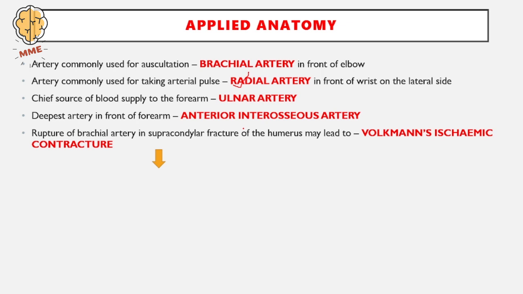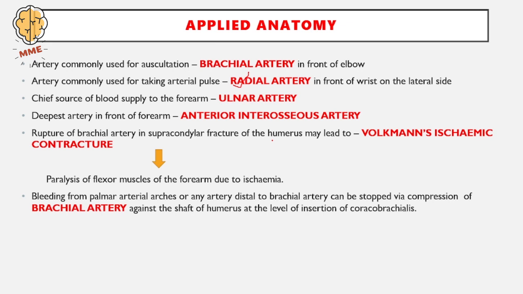Describe the structures likely to be damaged and brief about it. Likely structures in my opinion are the median nerve and the brachial artery. Brachial artery injury in a supracondylar fracture will lead to Volkmann's ischemic contracture, that means paralysis of the flexor muscles of the forearm due to ischemia.